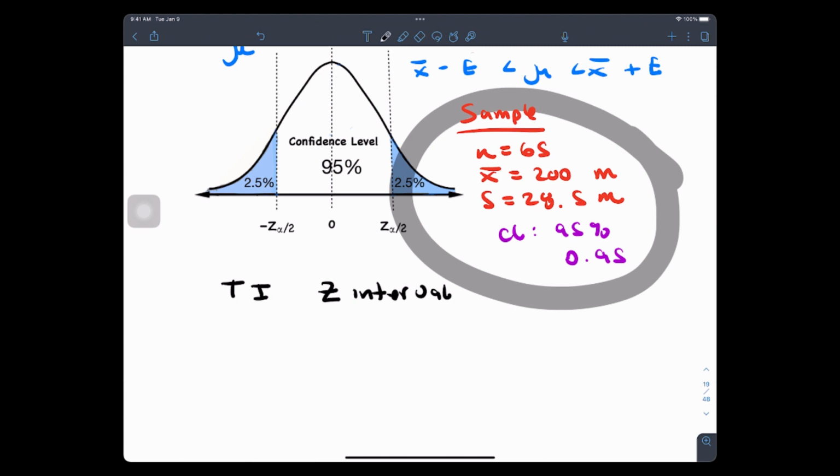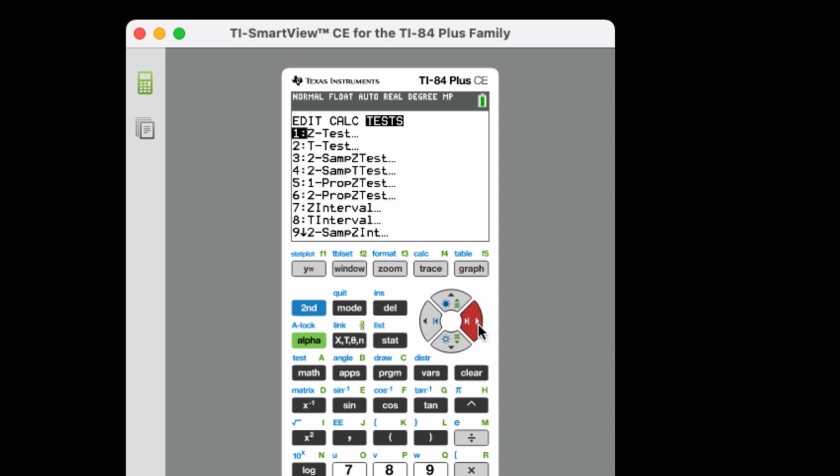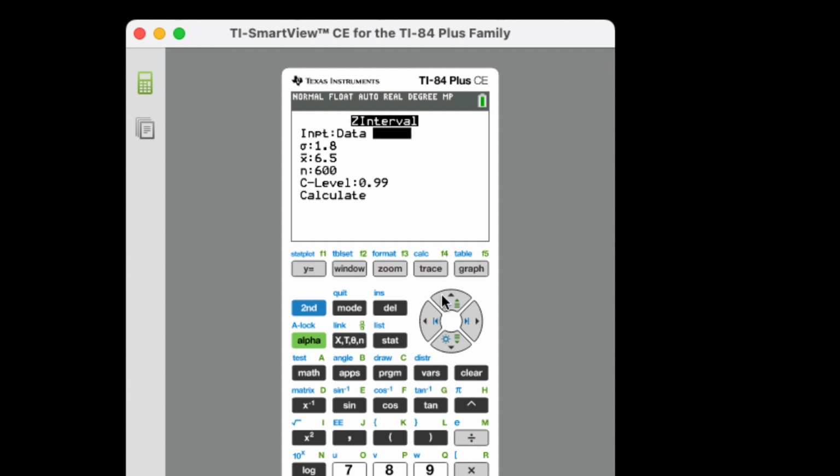So you go to the TI and you say, okay, stat, test, go down to Z interval. Which one is that? Number 7. Keep it on stats. And like I said, you say, shouldn't that be S? Well, no, technically it's supposed to be a known standard deviation. To use Z interval, you got to have a known standard deviation. Impossible to know it. So using the sample, which is going to be what?